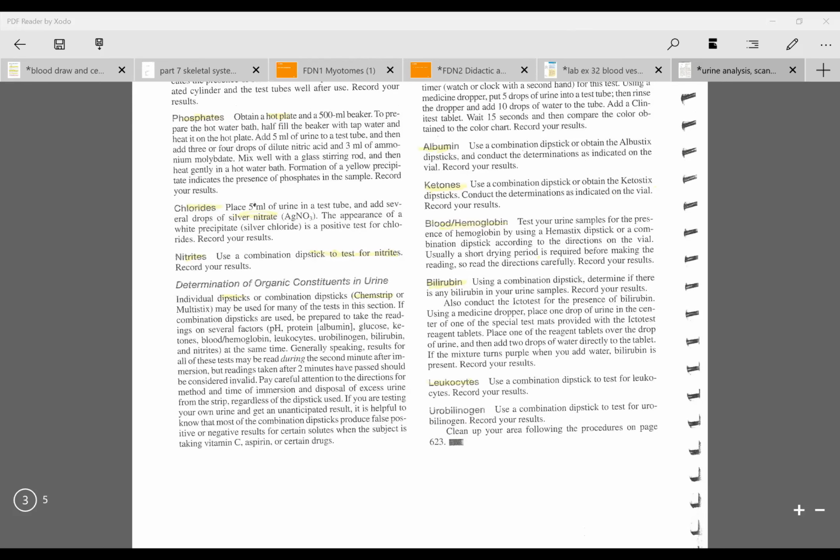I want to do one more screen share with you. Well, never mind. My screen share is not going to work. So here's what I was going to show you.